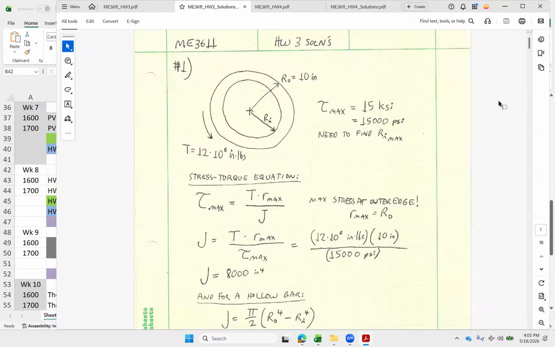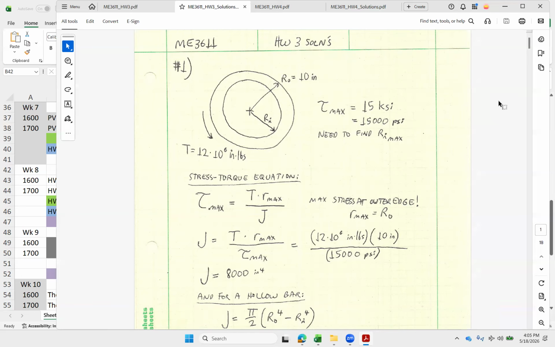So we know from our basic circular theory, tau max is going to be torque times max radius over J. Since our max radius occurs at the outer edge, that means we can fix that R in the problem. No matter what we make the inside radius, the outside radius is always going to be the biggest one. So we can put in our max stress at 15,000 PSI, and our R max, regardless of how we thin it out, is going to be 10 inches. And we know our applied torque.